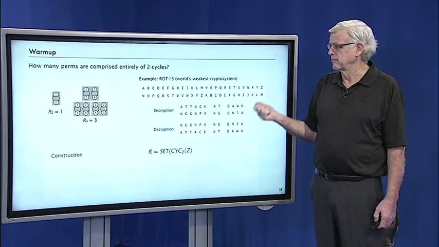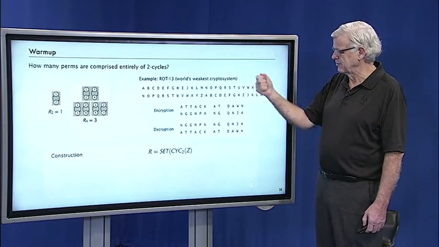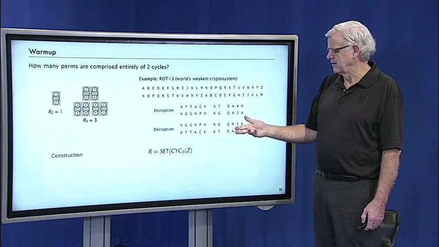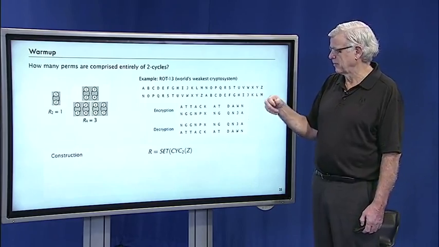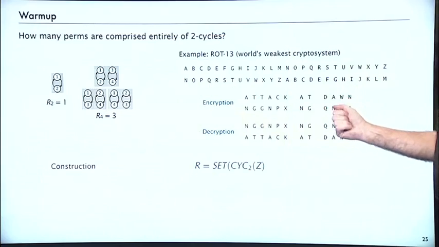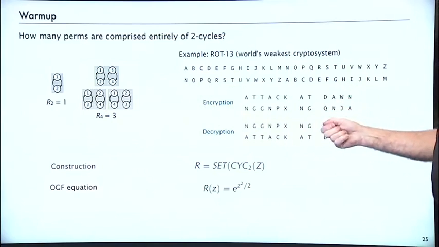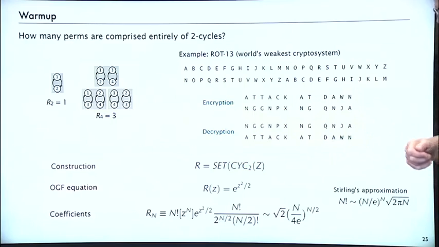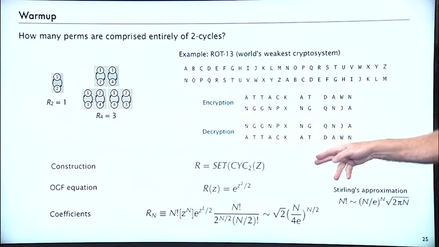So how many permutations are composed entirely of 2 cycles? Well, a permutation, we'll call it R, is just a set of 2 cycles. The 2 cycles class is z squared over 2, so the equation is e to the z squared over 2. And so all we want is n factorial times the coefficient of z to the n in that.